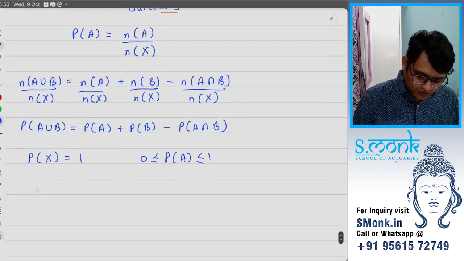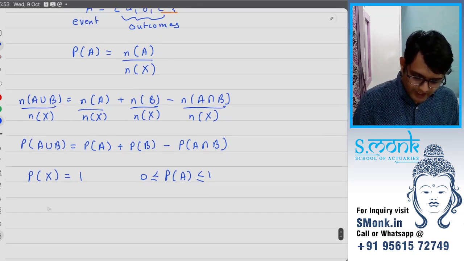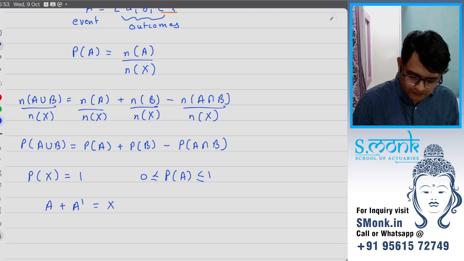So you can also calculate probability of a complement. Remember we said that A plus A complement makes the universal set.